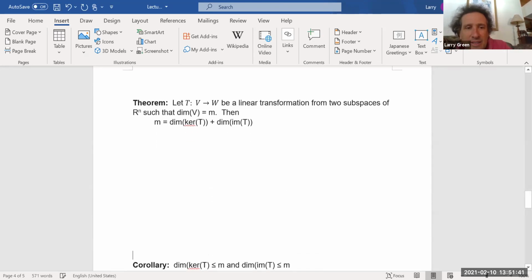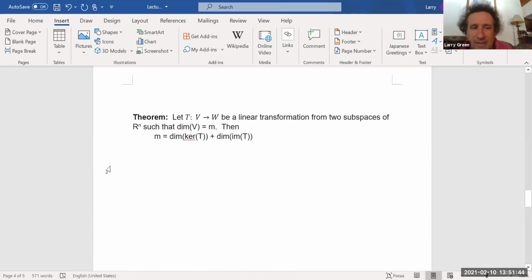Okay, next one. A lot of theorems today. Let T from V to W be a linear transformation between two subspaces of Rn. Notice V is in Rn and W is also in Rn. They're subsets of the same dimensional space.